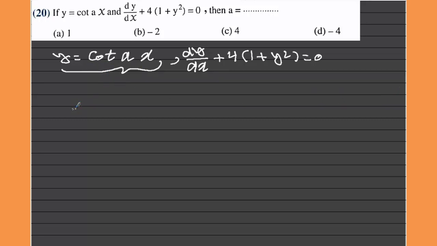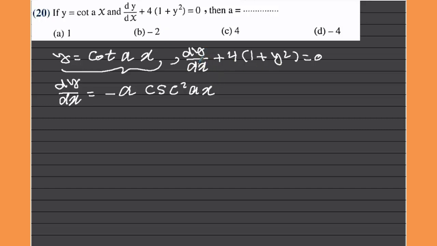So directly we will start with differentiation. So we have dy/dx equals negative a, as the derivative of cotan is negative cosec square ax. And then we substitute in the left hand side.